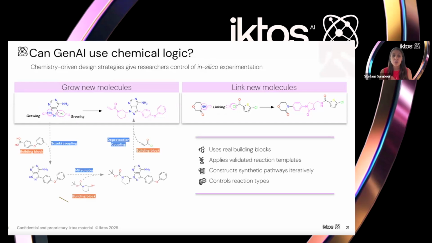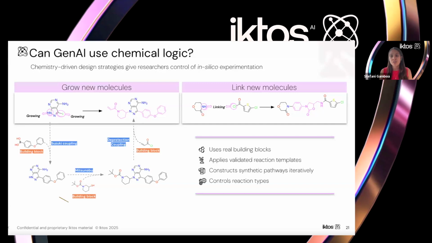So here's a closer look at how that works. On the left, you have our GenAI where we are growing molecules step by step, using real reaction templates and respecting reactive constraints. On the right, it links fragments by proposing realistic reaction-compatible connections, and it follows the same logic as the fragment growing on the left side.